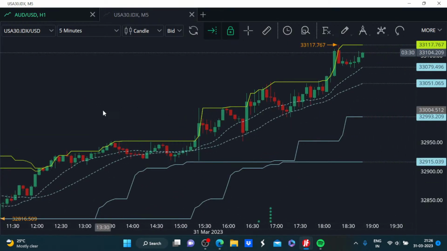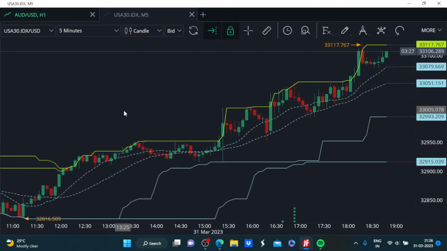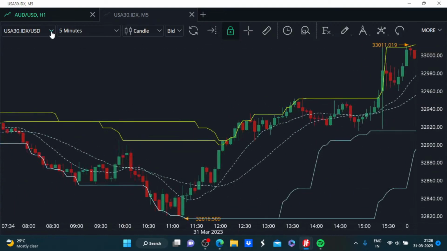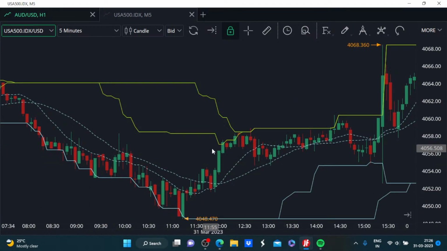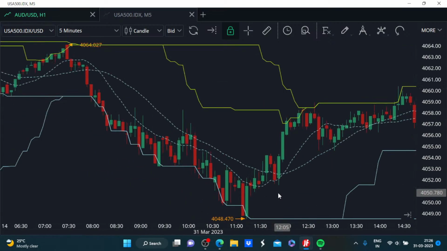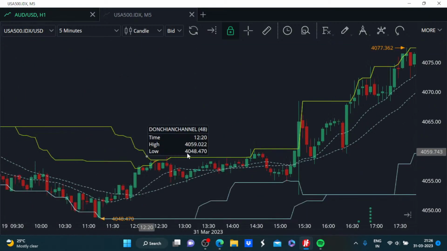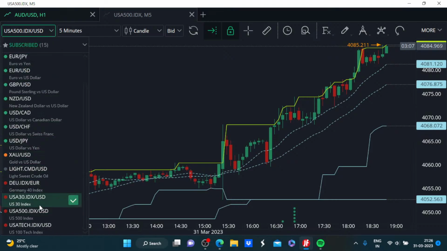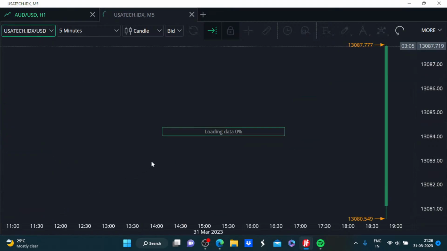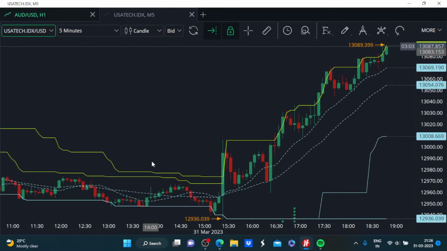For that, we will need to compare the timelines. For Dow, the swing high formed at 12:15 GMT. For the S&P 500, it formed slightly later on. There is not much of a difference in terms of the timeline, with Dow having a slightly advantageous timeline.